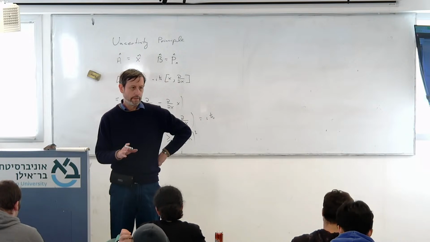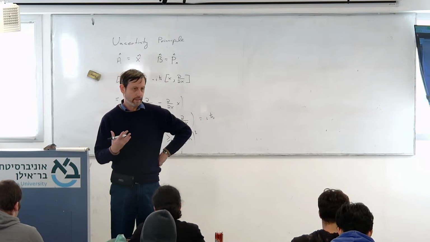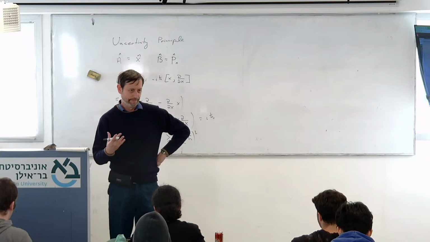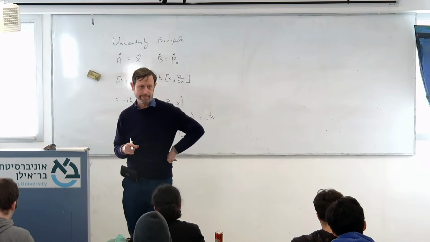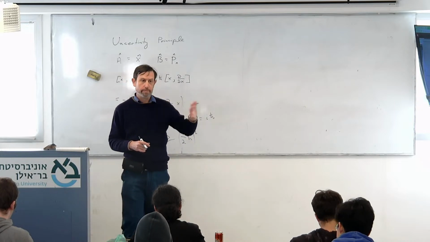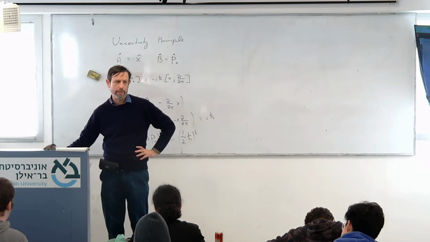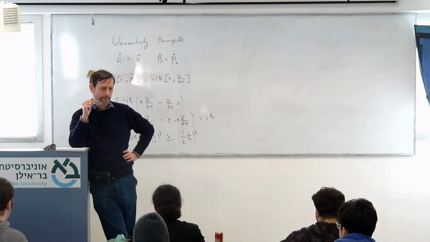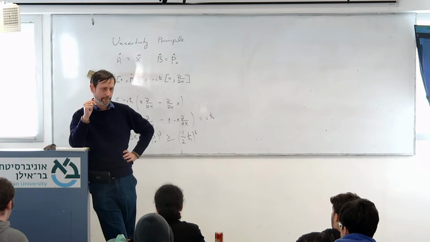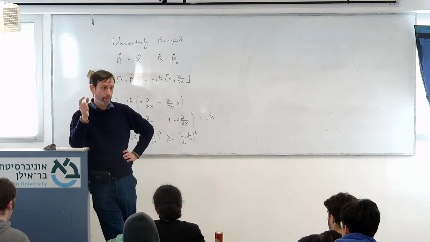What the form would be, of course, a Gaussian. And intuitively, without going into mathematics, why a Gaussian? The Fourier transform of a Gaussian is a Gaussian.